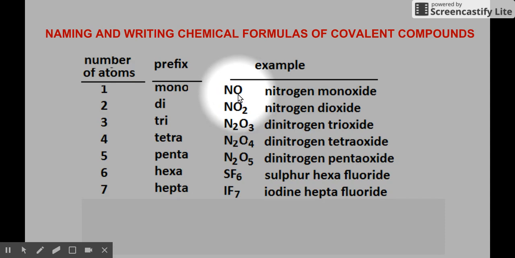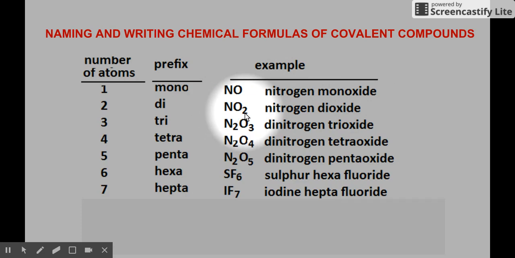And since it's the second nonmetal element, which is the same as the binary ionic compound, that nonmetal should end in IDE. Remember, we cancel out one O from the prefix mono because oxygen starts with the letter O as well. So you cancel out if there are two of the same vowels. So it's going to be nitrogen monoxide.